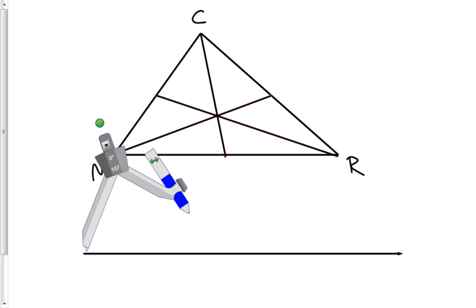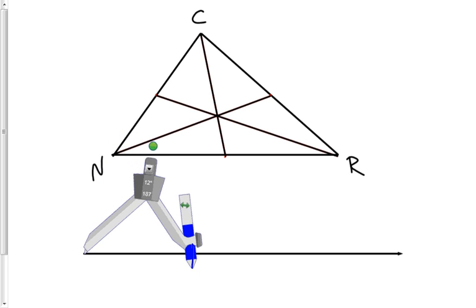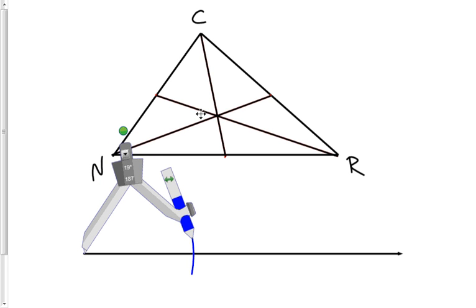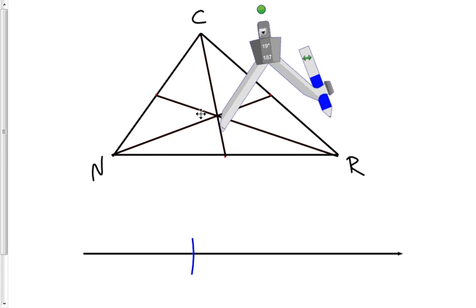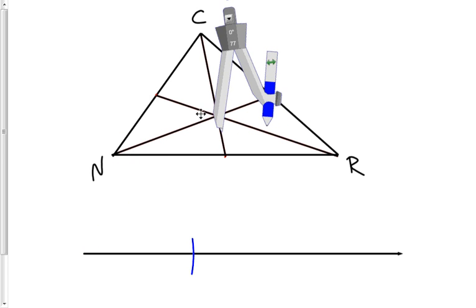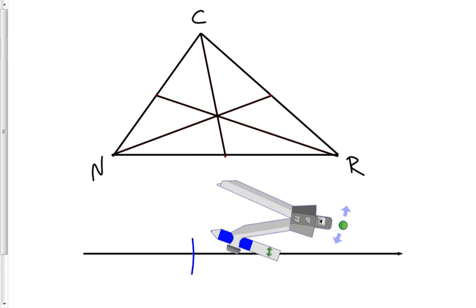Now I come down here, and I'm going to duplicate that distance right on my ray. There it is. Okay. Now I'm going to come back up here, and I'm going to go from the centroid to the midpoint. And this is going to be a little bit hard because that goes off the page.